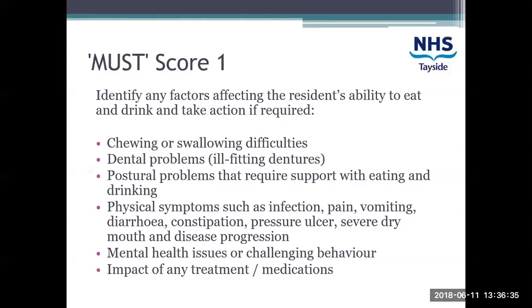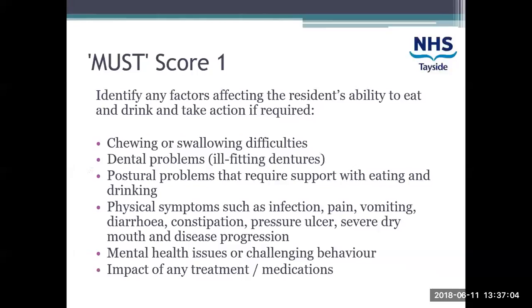So if they've got chewing or swallowing difficulties, whether a referral to a speech and language therapist is appropriate at that point, so they can come out and assess someone's swallow, and they may need to then go on texture modified diets. If they've got any dental problems, if there has been significant weight loss, their dentures might not be fitting, so it's about checking any of these things and taking action.